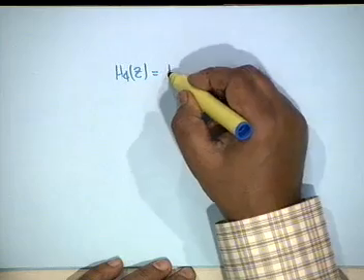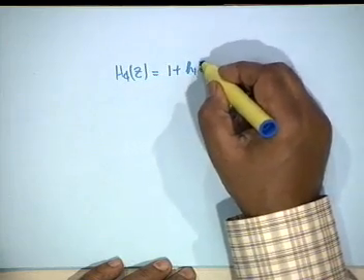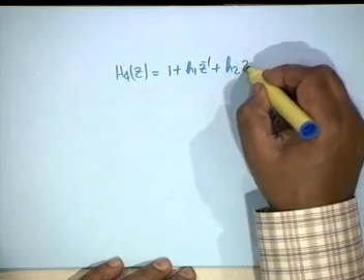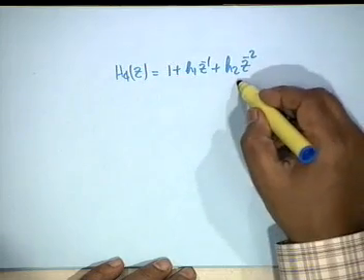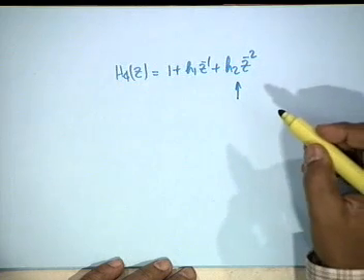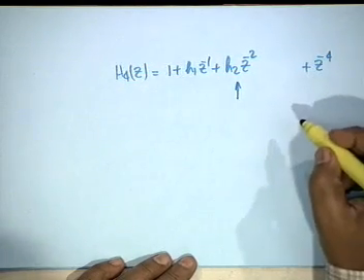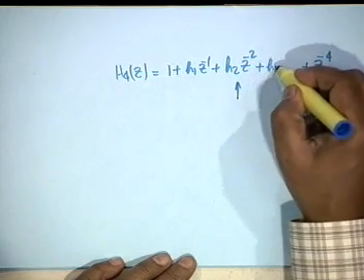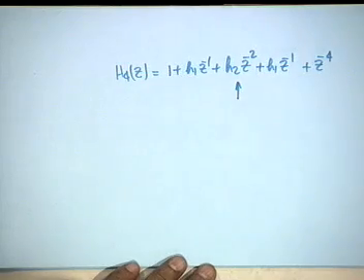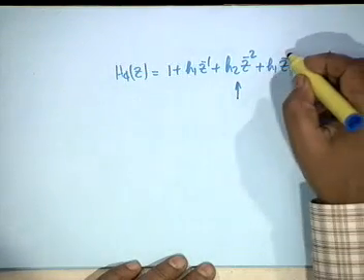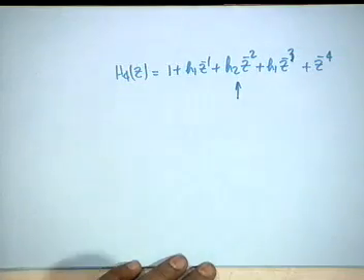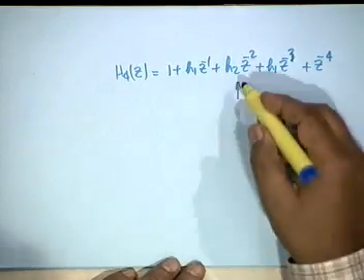Length is 5, so I get 1 plus H1 z inverse plus H2 z to the minus 2. Now this is the central term, because I shall have a z to the minus 4 here, plus H1 z to the minus 3. Okay, this is the central term.